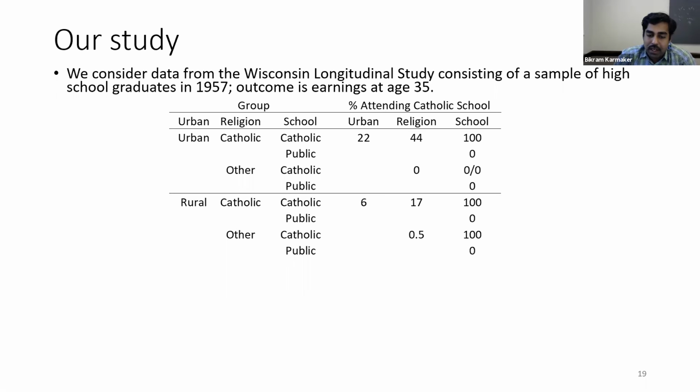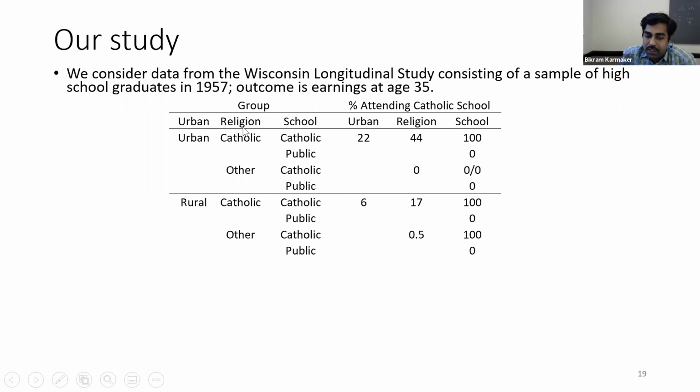So in this table here, I'm showing you a summary. In this summary, you will see two sets of columns of 3. In the first column, you have urban and rural, by which we are distinguishing whether they're living near Catholic school. So urban areas tend to have more Catholic schools, at least at that time, 1957.